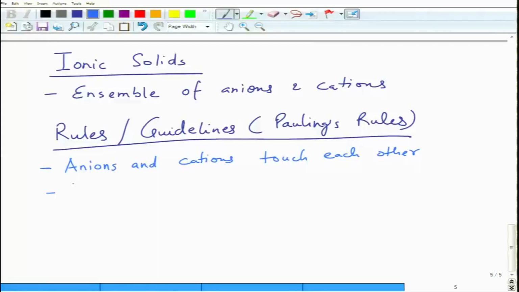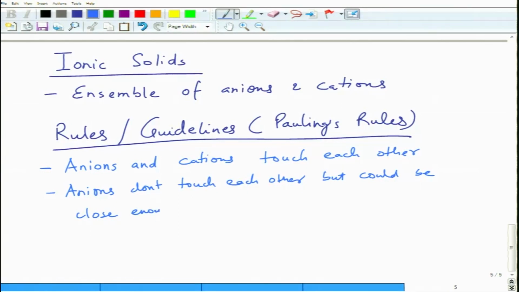Because the repulsive force typically tapers off exponentially, with a little bit of separation the repulsive force will be tapered off. So anions don't touch each other, but could be close enough so that there is not very substantial repulsion.